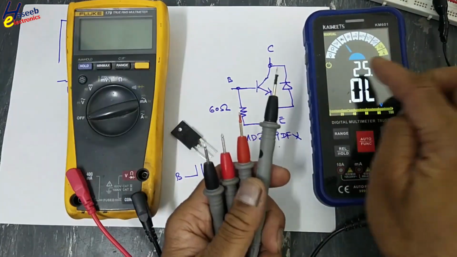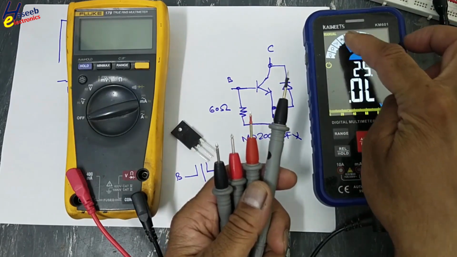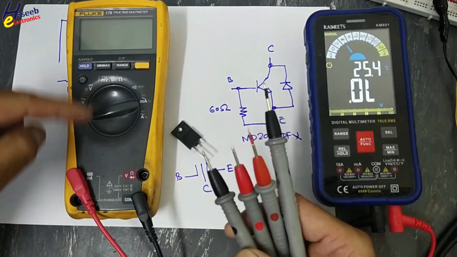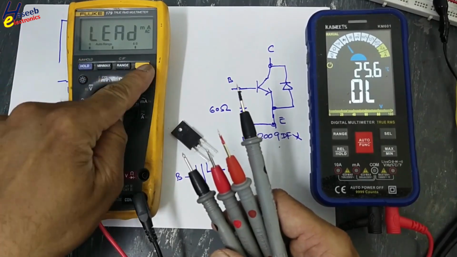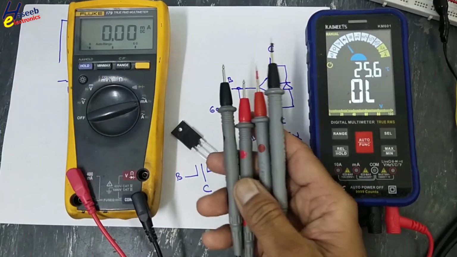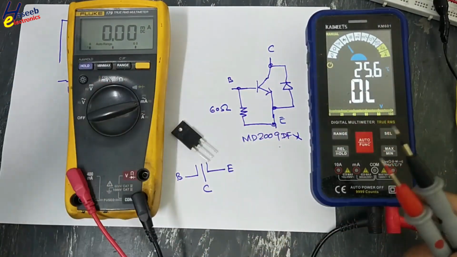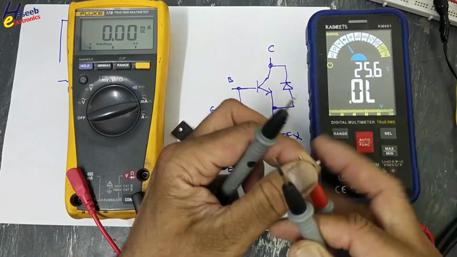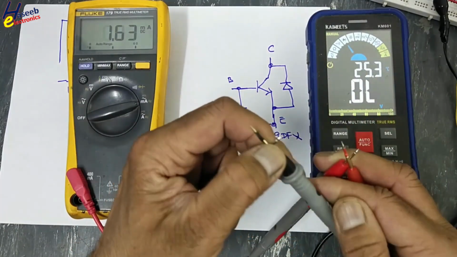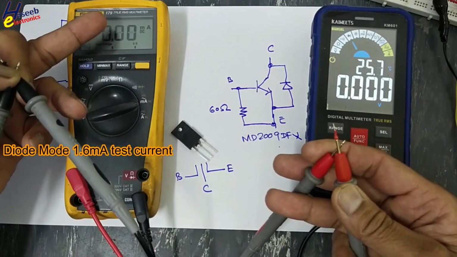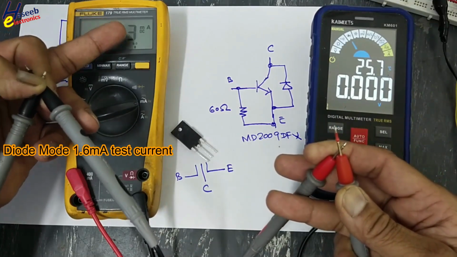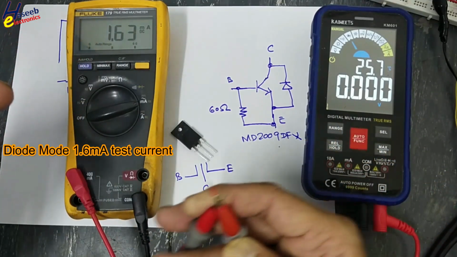First I will check the current in diode mode. I will set this multimeter to measure milliamperes in DC. In diode mode, it is using a 1.63 milliampere DC test signal.